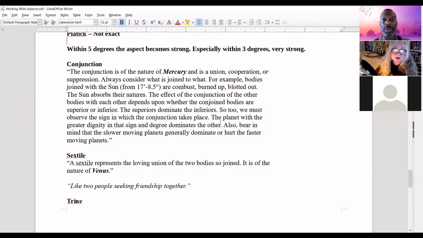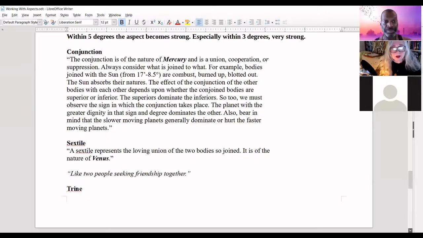And also that planets that are in their essential dignity will dominate planets that are not. That's the only one I took as big a chunk from, because I thought so much of it was important.